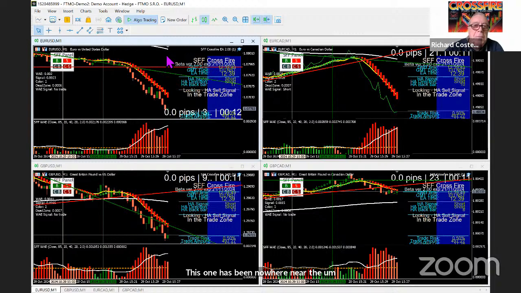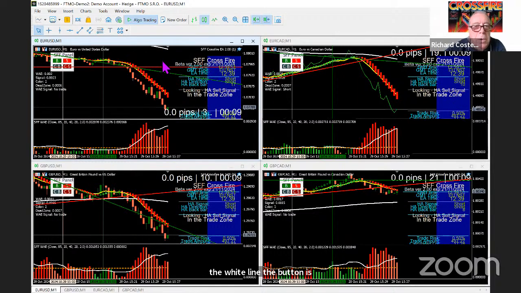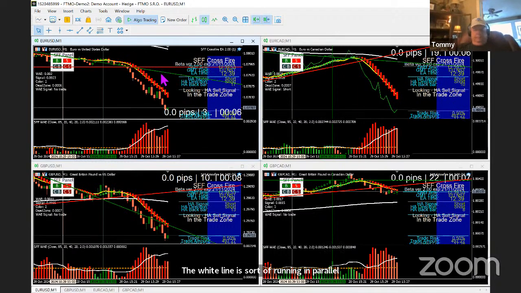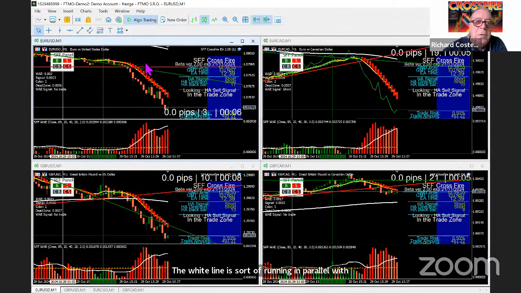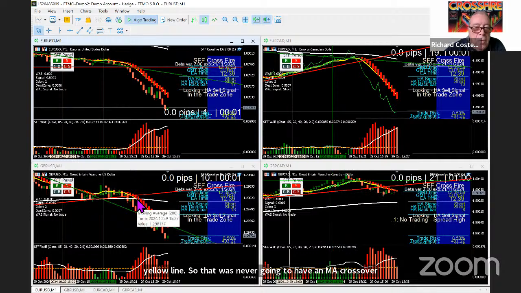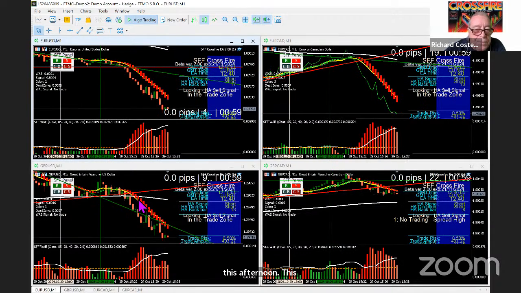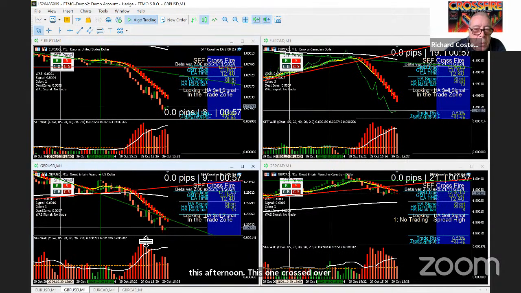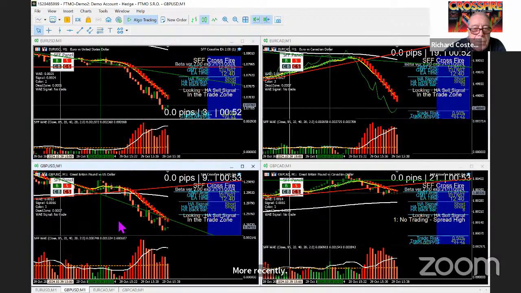The white line is sort of running in parallel with the yellow line. So that was never going to have an MA crossover this afternoon. This one crossed over more recently, but it didn't get me in there. Don't know why that one didn't get me in.